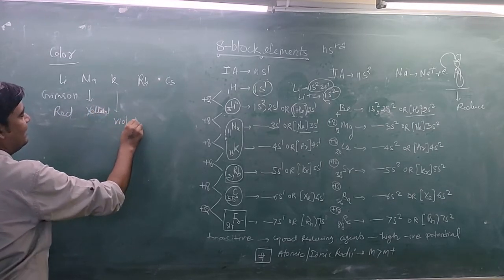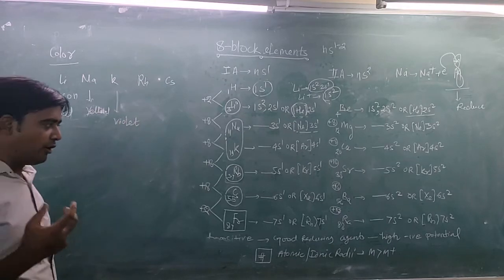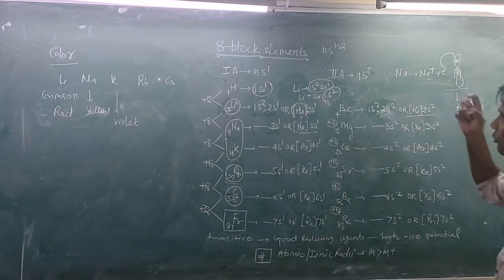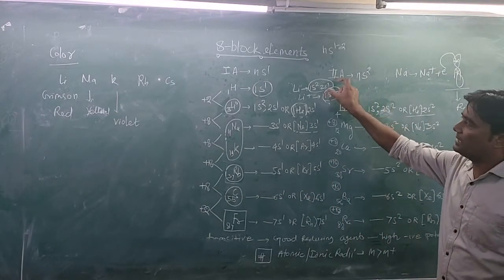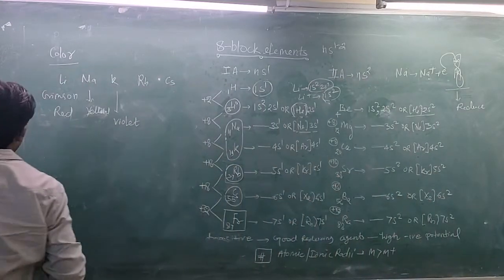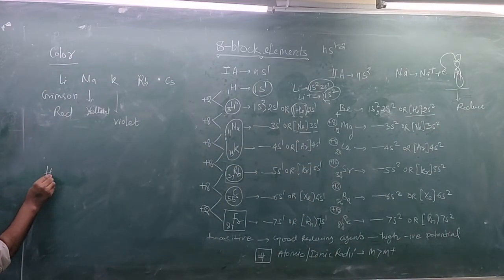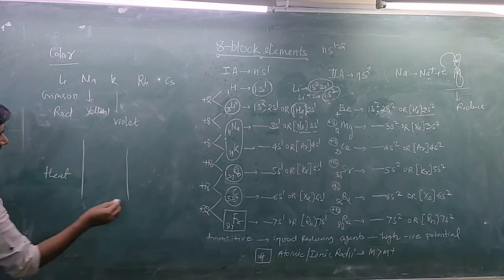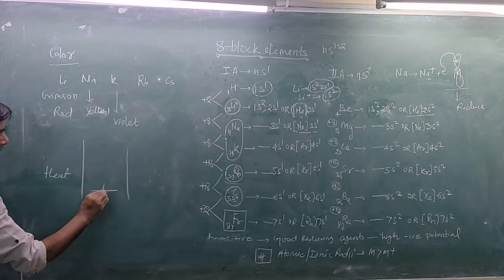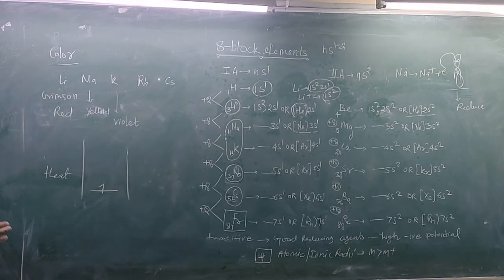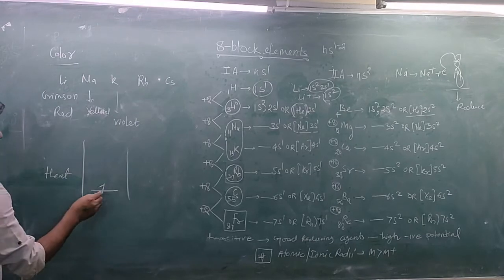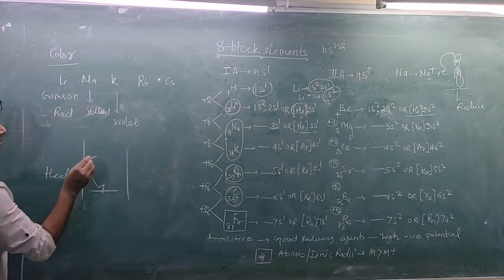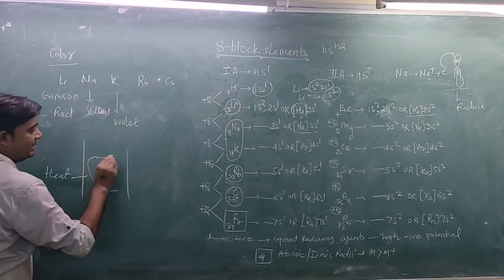Why do these elements exhibit color? Because of the loosely bound valence shell electron. When this electron gets some heat from an external source, from the outermost shell, 1s1 or 2s1 or 3s1, it jumps into the excited state.